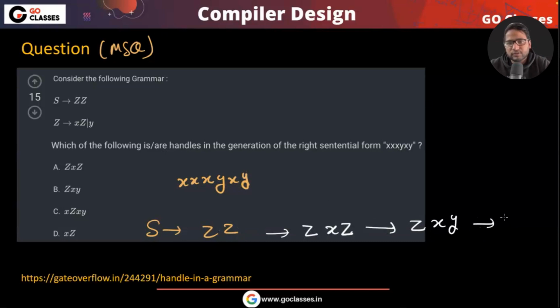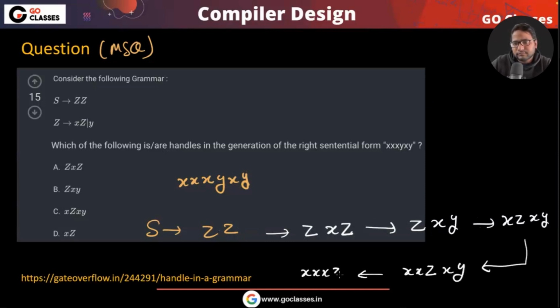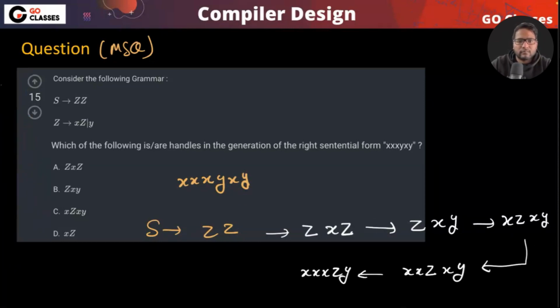So first you generate the first X, then the second X, then the third X. Sorry, there are only three Zs. Now this Z will generate Y.